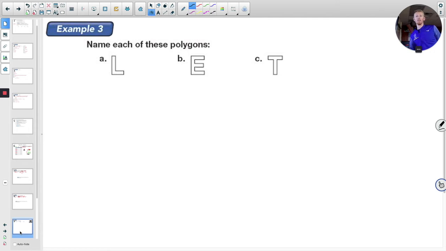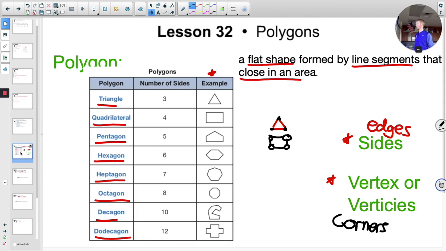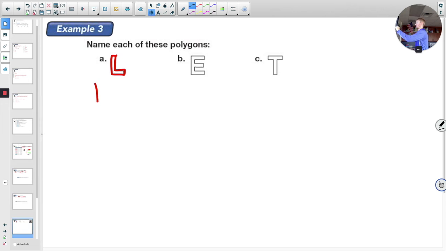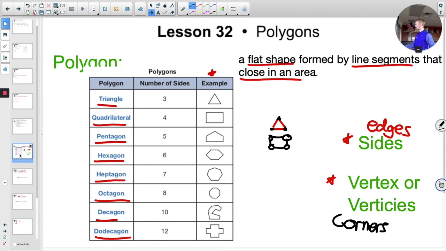Name each of these polygons. So you need to think, how many sides do they each have? So for A, it has 1, 2, 3, 4, 5, 6 sides. So if you look back at your handy chart, 6 sides is a hexagon. So A is hexagon.